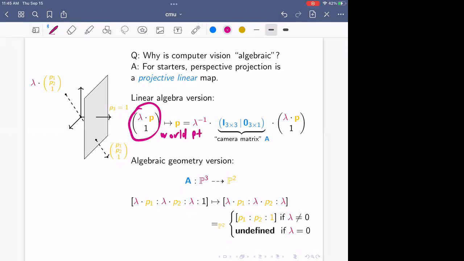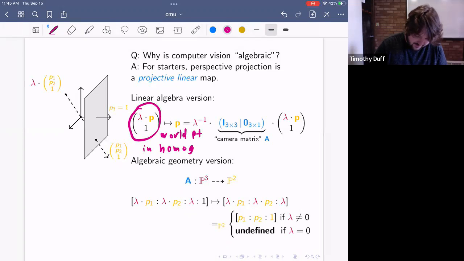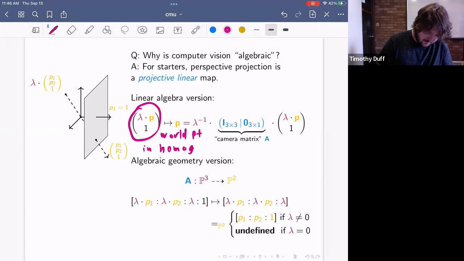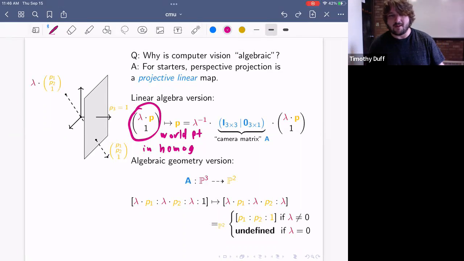I'm similarly confused about why the world point has only 2 coordinates. The world point has 3 coordinates. Okay, so there's a P1, P2, P3. Right. So there's this scalar lambda, which is giving you the 3rd degree of freedom, basically.